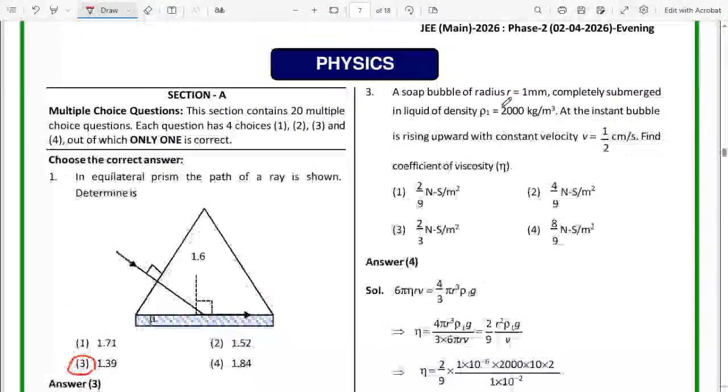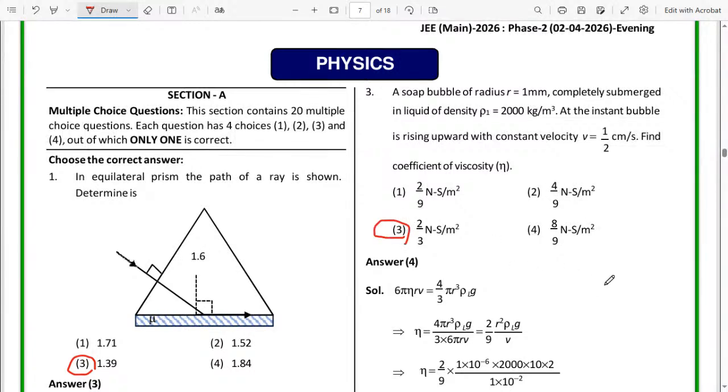A soap bubble of radius r equal to 1 mm, completely submerged in a liquid of density rho equal to 2000 kilograms per meter cube. At the instant the bubble is rising upward with a constant velocity v equal to half a centimeter per second. Find the coefficient of viscosity. So the answer is 3, that is 2 by 3 newton second per meter square.